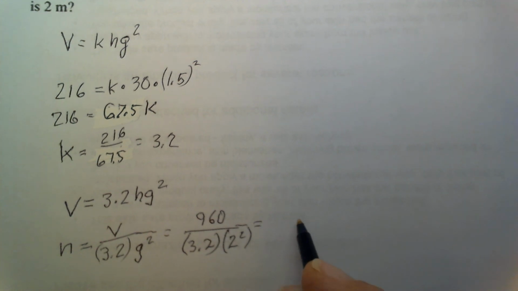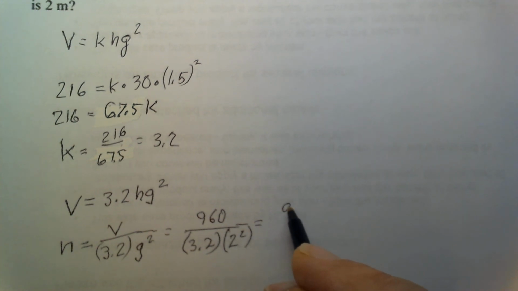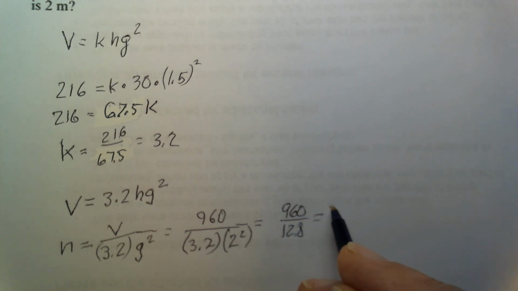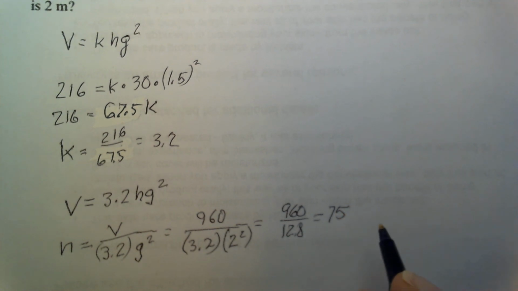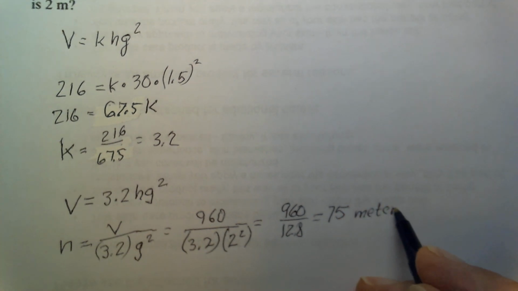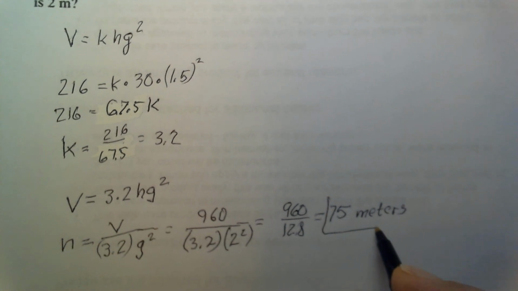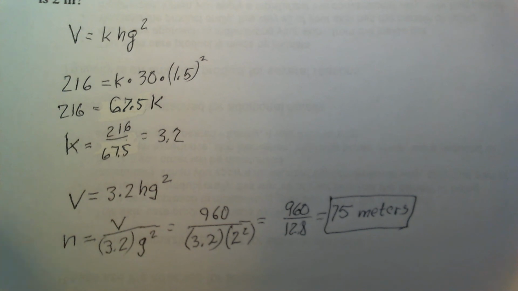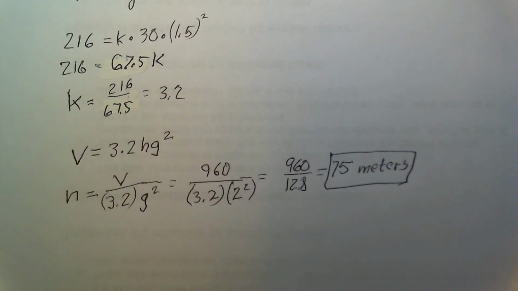So that is 960 divided by 12.8, and that is equal to 75. So the height of the tree is 75 meters. This is the conclusion of section 5.8, and it concludes chapter 5.